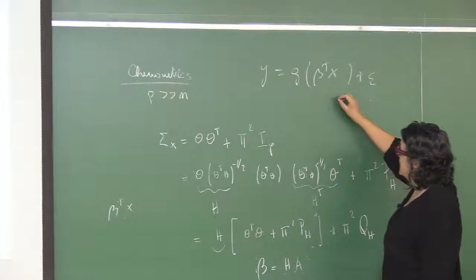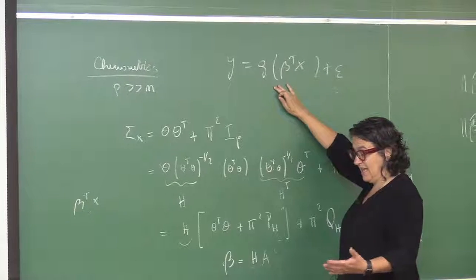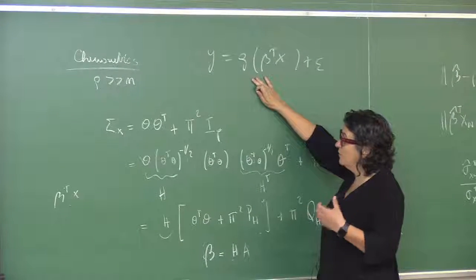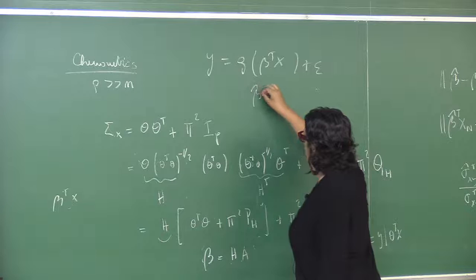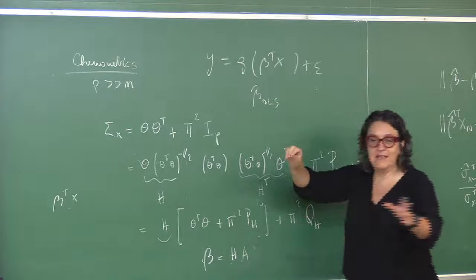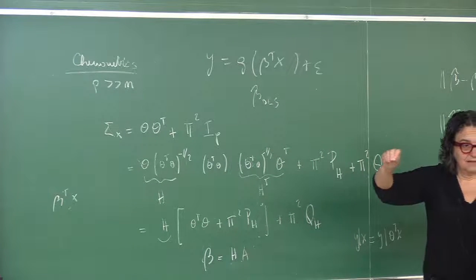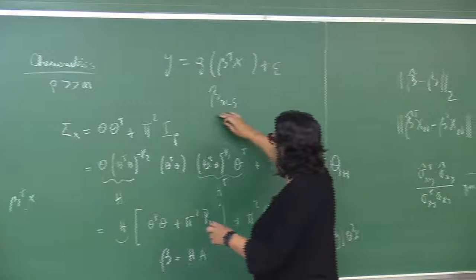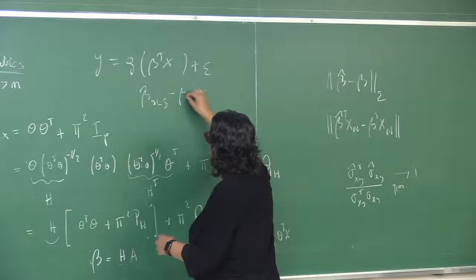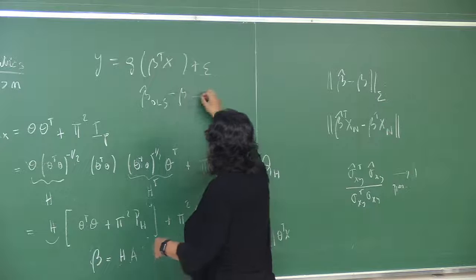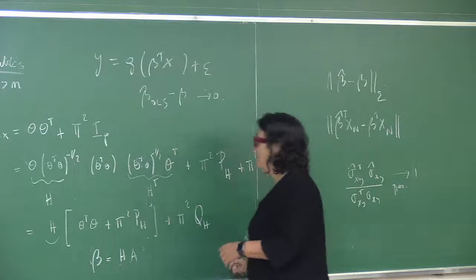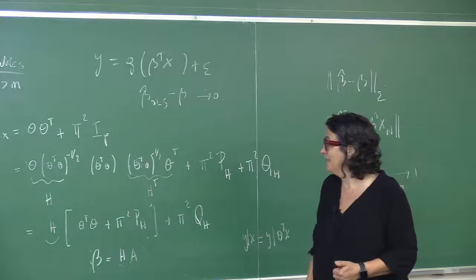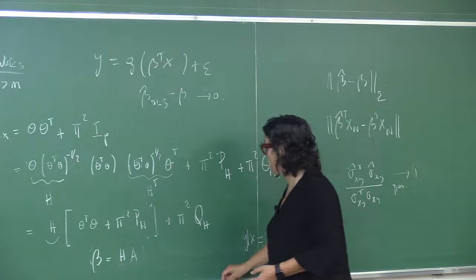And then the theory says, okay, you don't know what G is, but you can do the following: do OLS. OLS is for linear regression, okay? Well, the theory says beta hat OLS minus beta goes to 0. Even if OLS is not bad, you can compute OLS, and then what do you do?